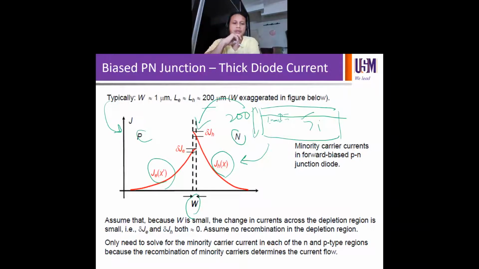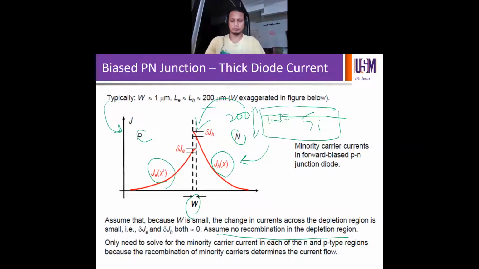We also assume there is no recombination in the depletion region for simplicity. But in actual devices, later when we discuss the diode equation, you will always have recombination in the depletion region. For fundamental calculation and establishing the equation, we make some assumptions, including no recombination in the depletion region.